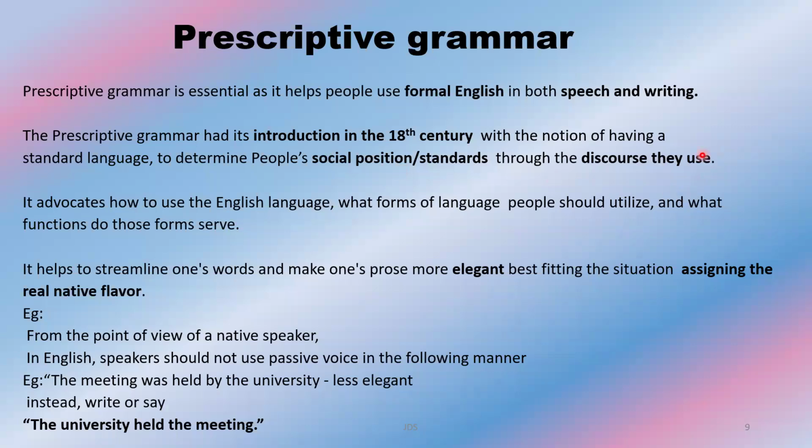So, you know, before the invention of printing press, there were so many different dialects of English used. Nobody had the opportunity of printing any books or any other kind of literature.